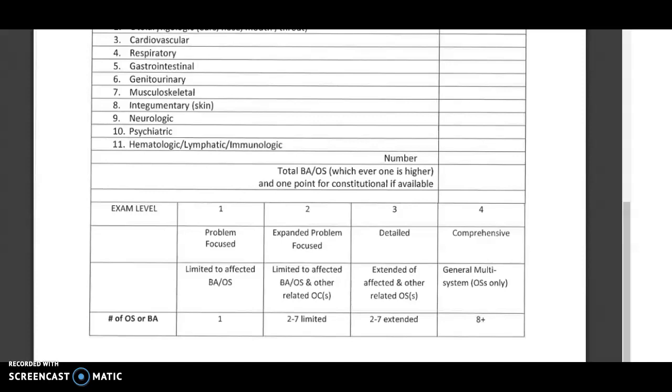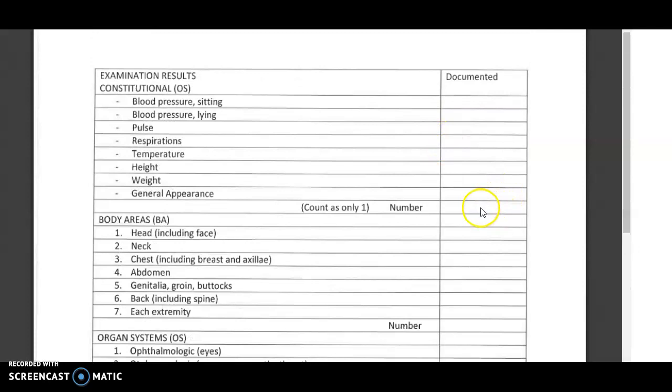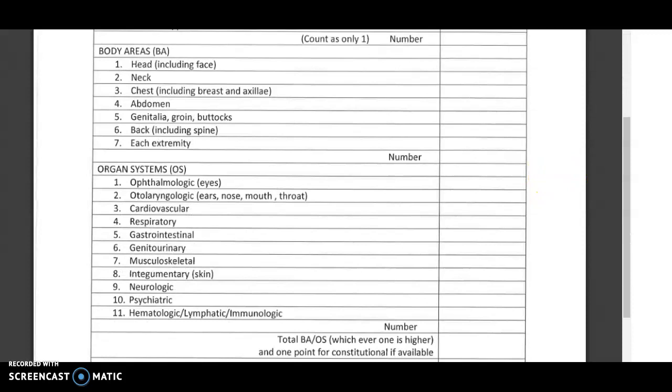Let's go through here. Included in the constitutional elements, we have blood pressure, we have respiratory, and general. All of this equals 1 OS. So up here, you're going to put 1, because we can only get 1, no matter how many they do. Only 1.